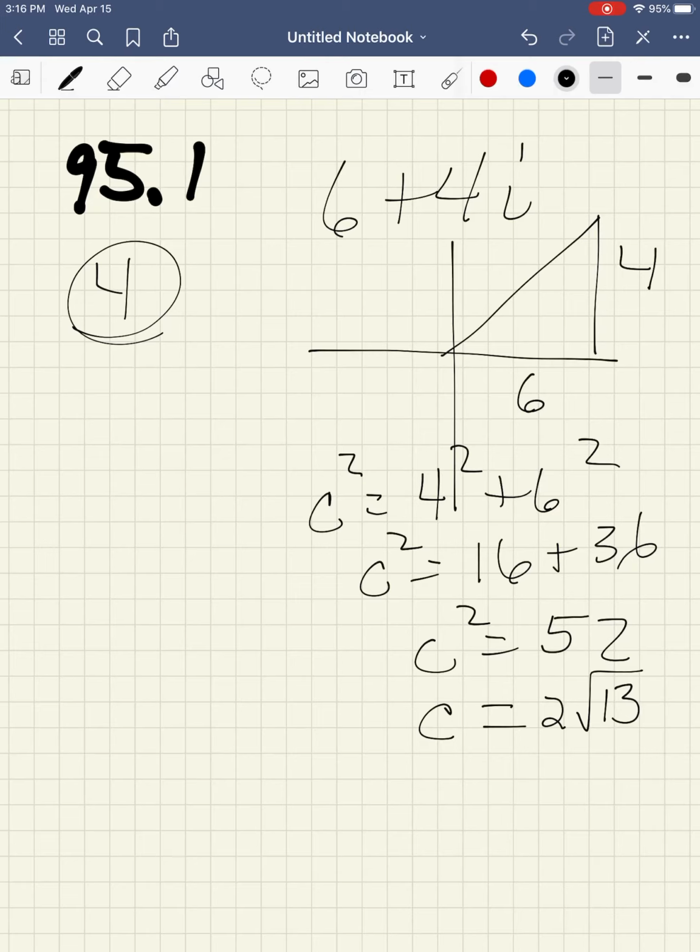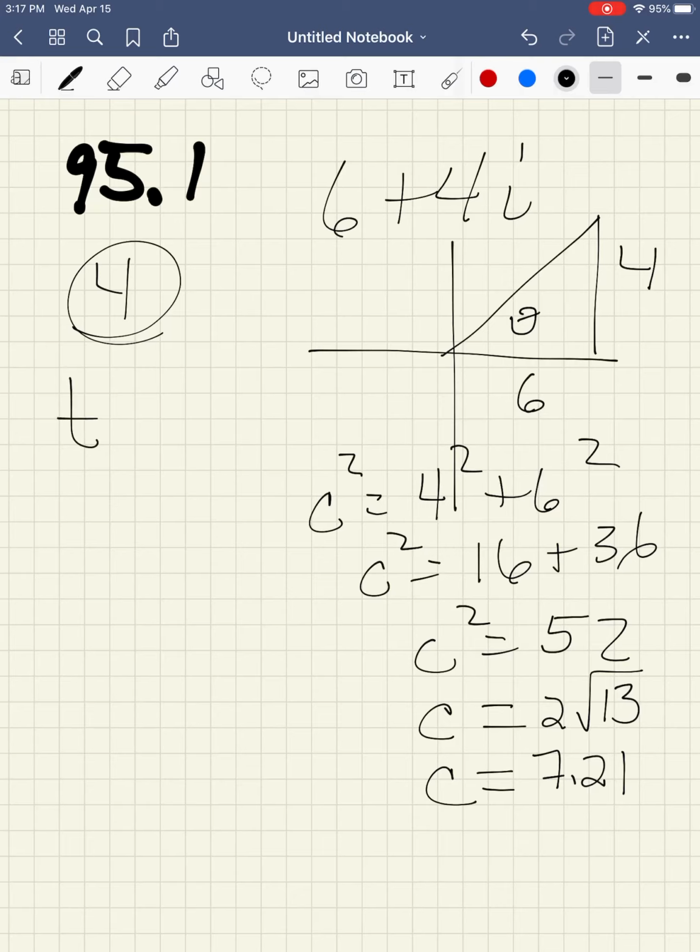And then to find this angle inside, we would need to use inverse tangent. Now, because we're finding the 4 fourth roots, we really need a decimal value for this. So I'm going to multiply 2 times the square root of 13 and see what we get, 7.21.